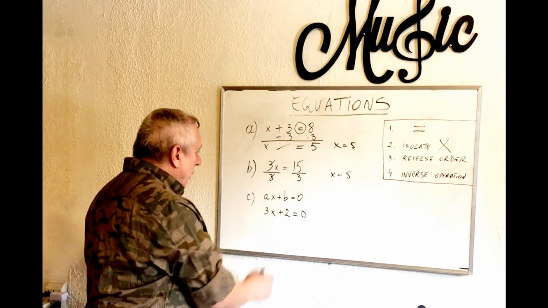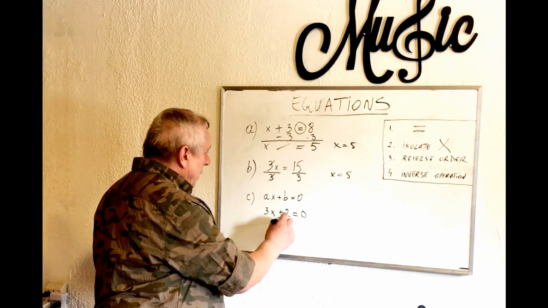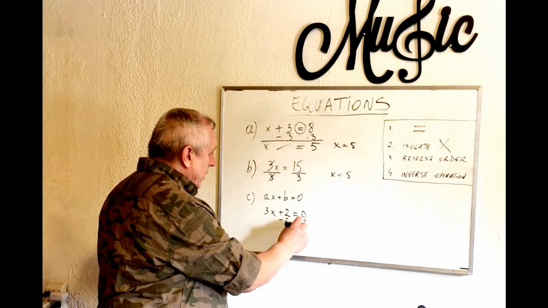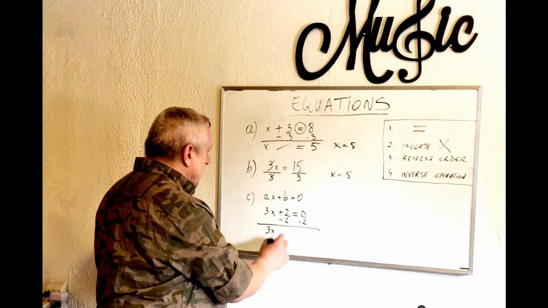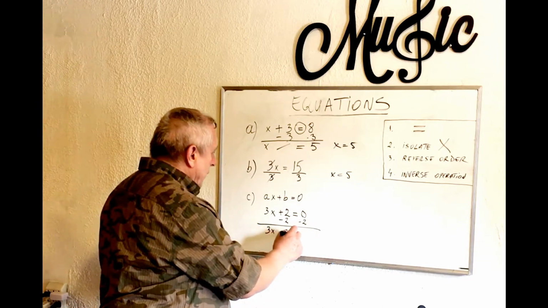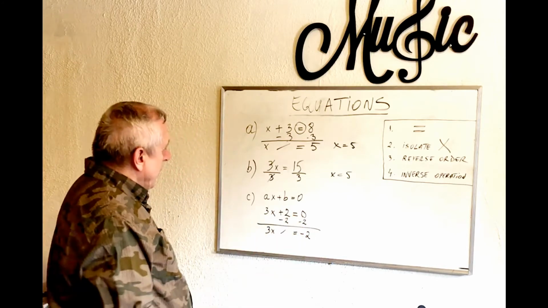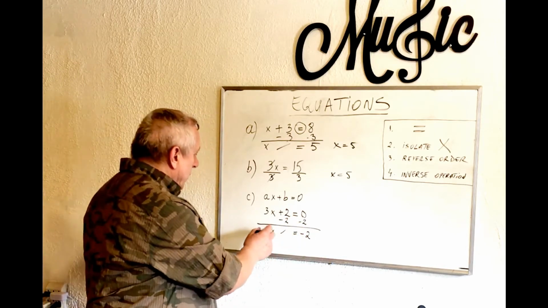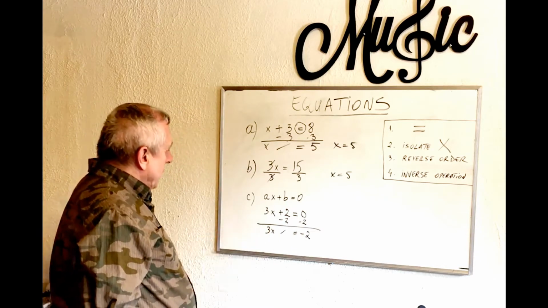How to get rid of this 2? We subtract 2 here, and of course the same thing here. Then that means we are going to get 3x, nothing here, equals minus 2. 0 minus 2 is minus 2. Now we have a multiplication, 3 times x. How to isolate completely the x?